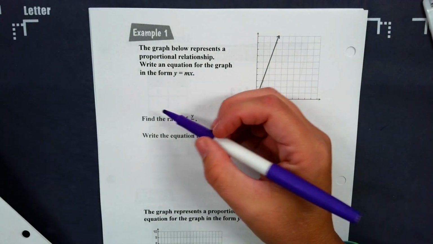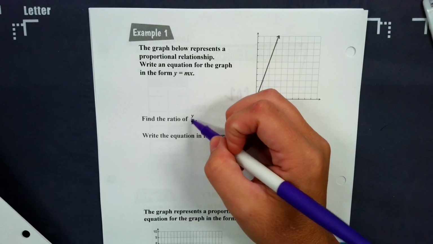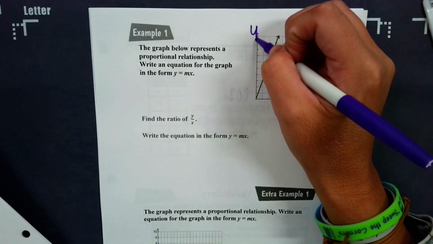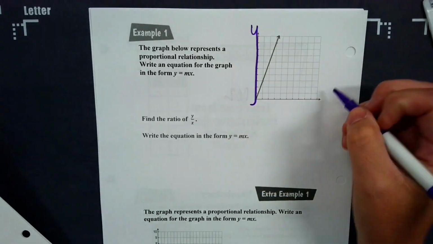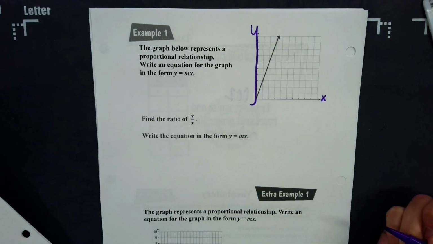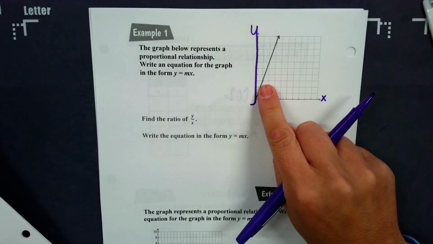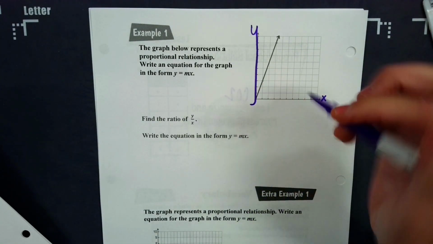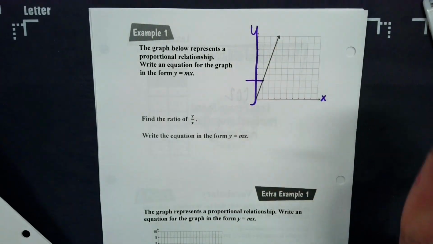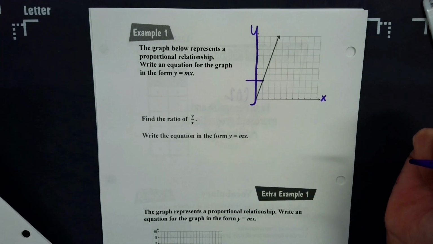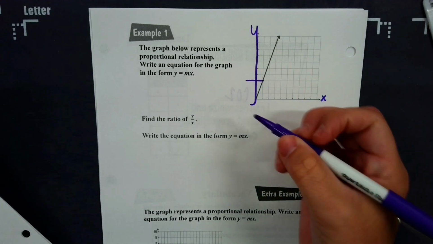Okay, so what it's saying is find the ratio of y to x. Now remember, this is your y-axis, this is your x-axis, okay? So do you see right here there's a dot? Can everyone see that on their paper? Okay, so what would our y value be right there? 3.